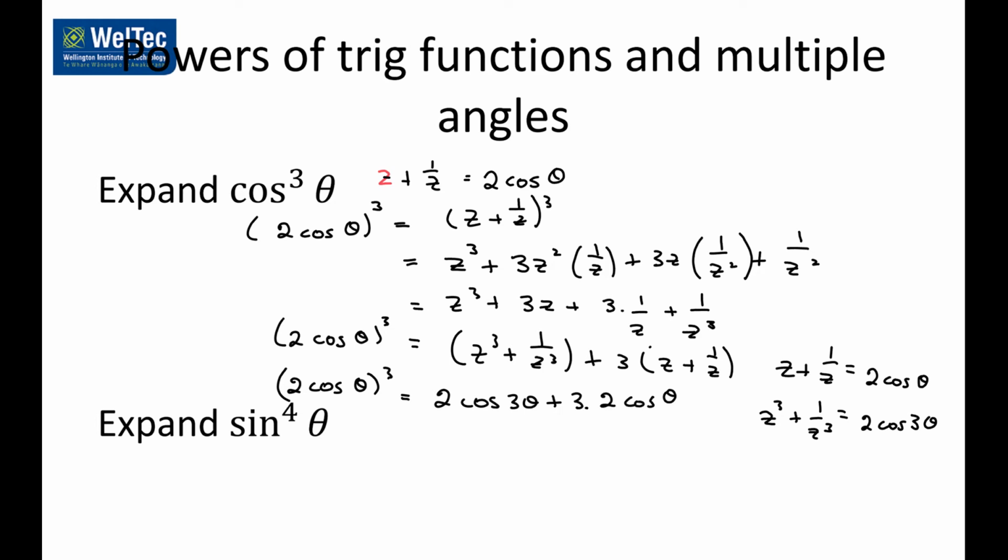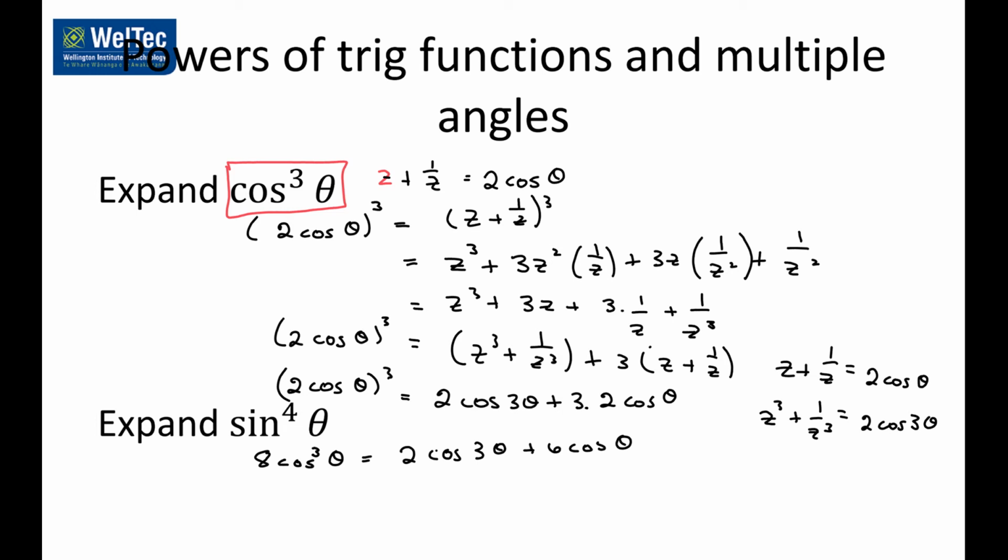Okay, remember what we're looking for. We are looking for cos cubed theta. If we expand the left-hand side, now we've got 8 cos cubed theta equals 2 cos 3 theta plus 6 cos theta. We didn't want to find 8 cos cubed. We wanted to find cos cubed. Now I'm just going to do it in 2 steps.